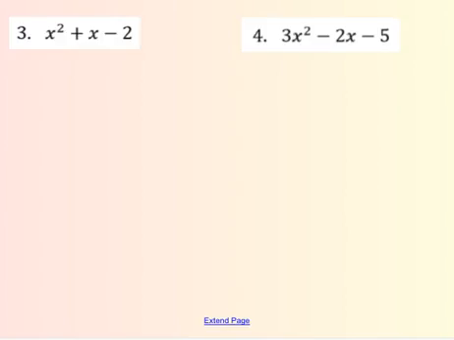Number 3, we have a negative 2 at the end. Who's going to guess? 1 times negative 2. So 1 and negative 2. So I have x and x. Okay, so I agree I'd have x squared.